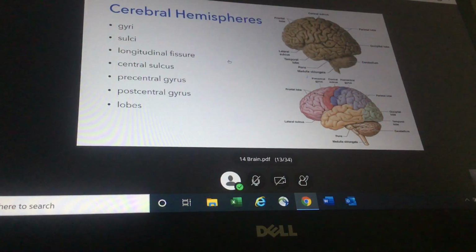And the reason the central sulcus is important is that it divides or separates the frontal lobe from the parietal lobe. Okay, separates the frontal lobe from the parietal lobe.